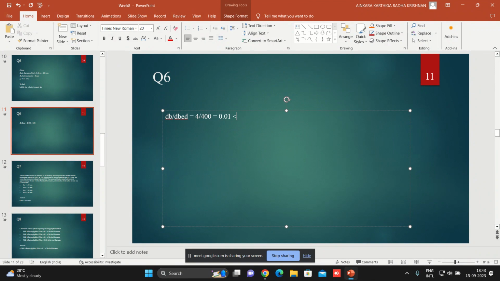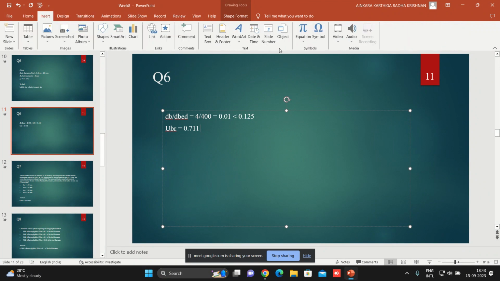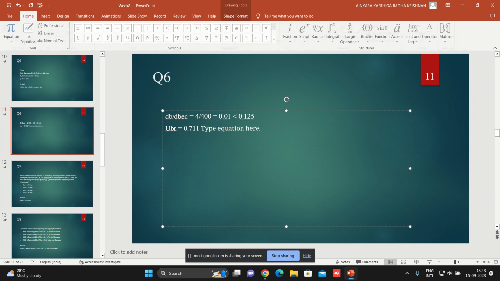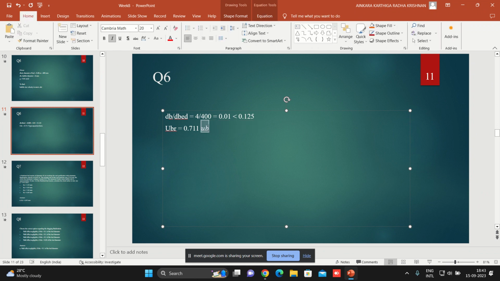Since this is less than 0.125, we can use this formula: UBR is equal to 0.711 times the square root of g dB.